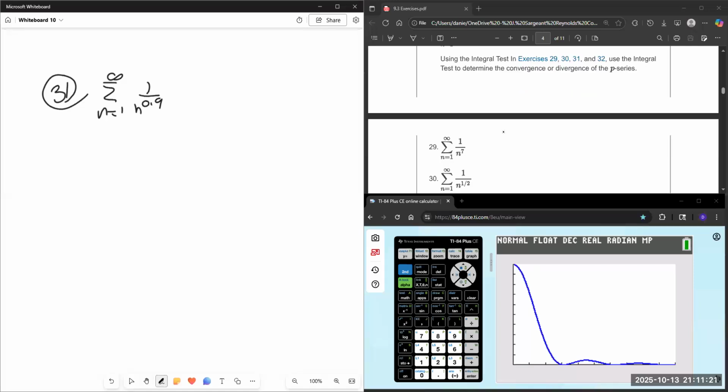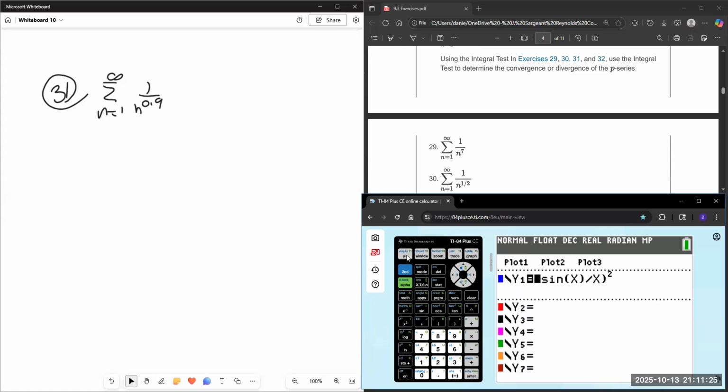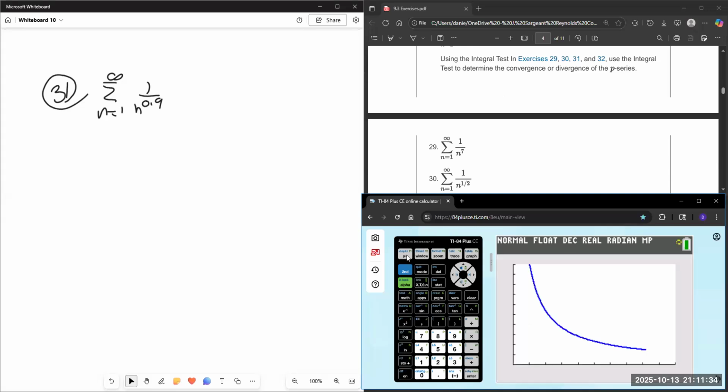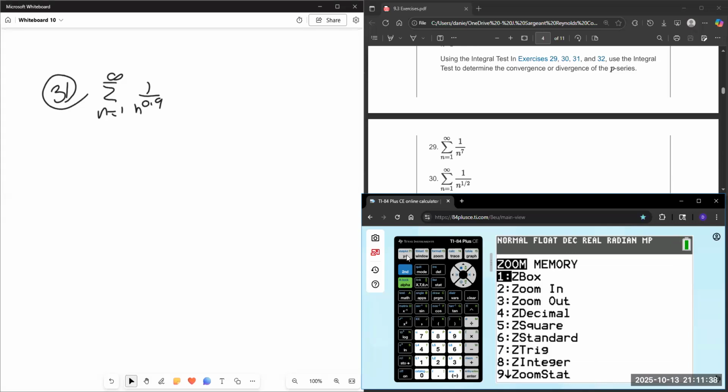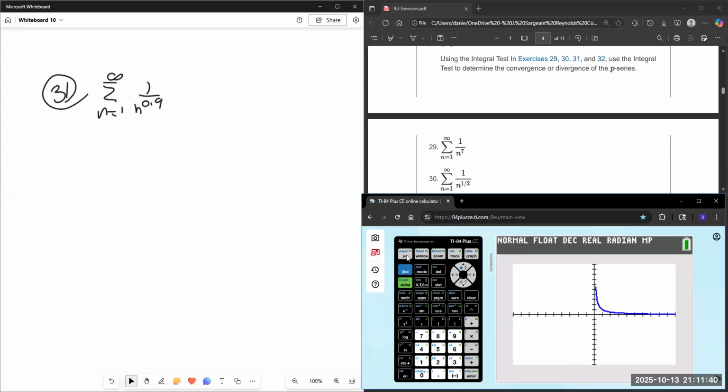So this is a p-series, but we're going to look at 1 over x to the 0.9. What does that look like? Zoom 6. That looks positive, continuous, and decreasing to me.